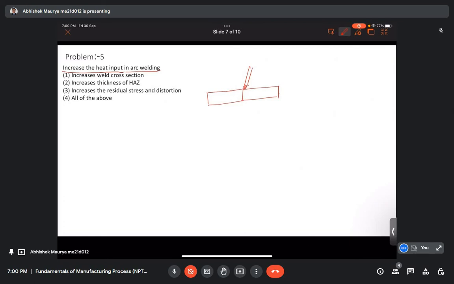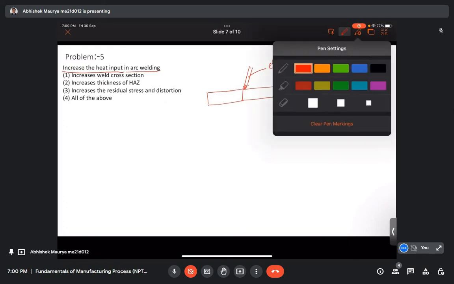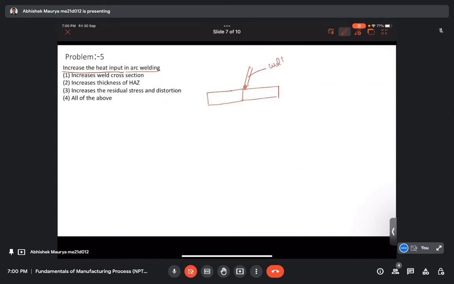So what we are doing here, we are having the welding electrode, and here we are having the components which need to be joined.